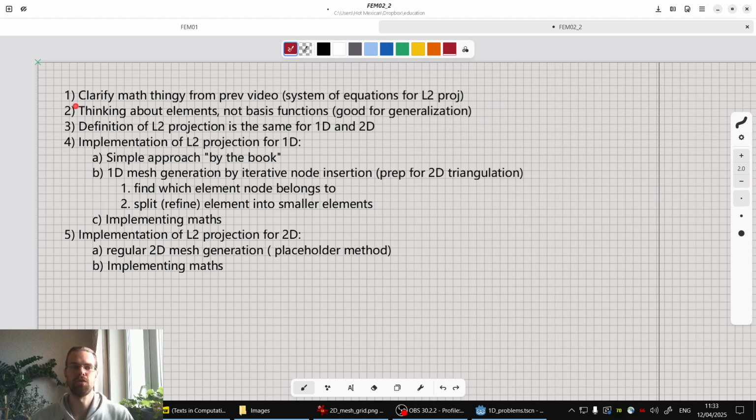The transition of thinking about elements, so iterating through elements, simplifies things a lot. And it is more generalizable to higher dimensions. Again, definitions are the same.